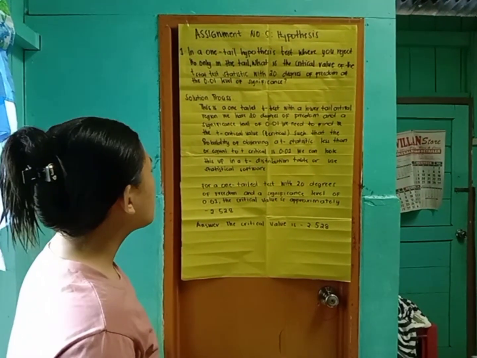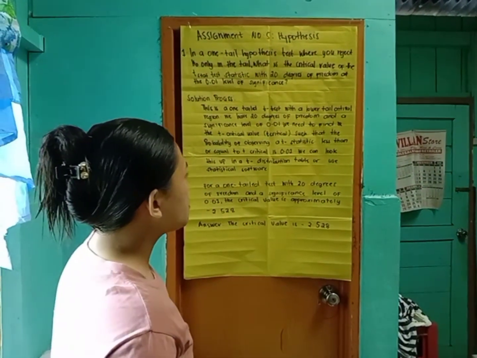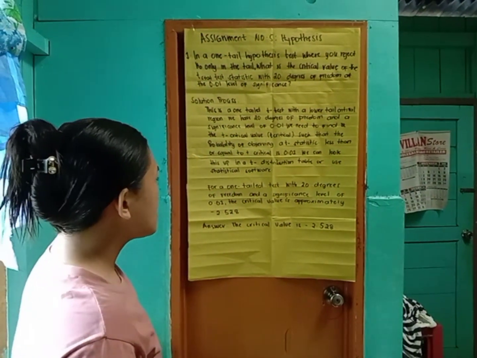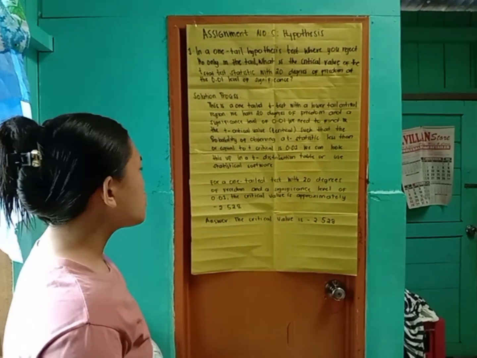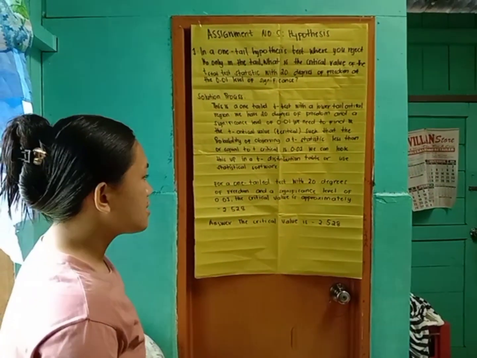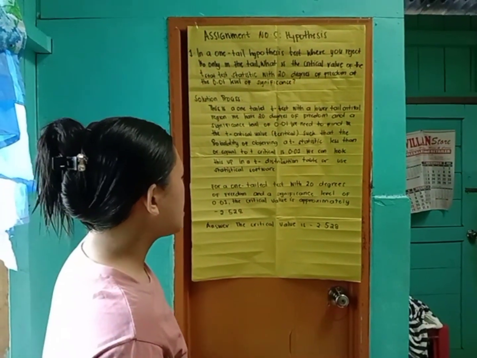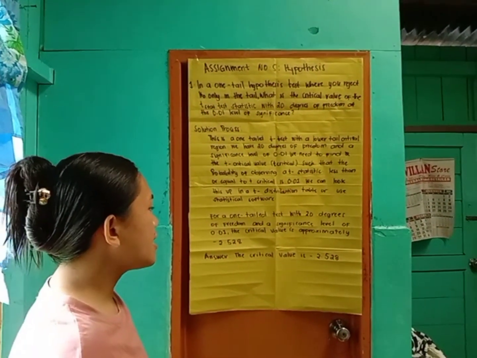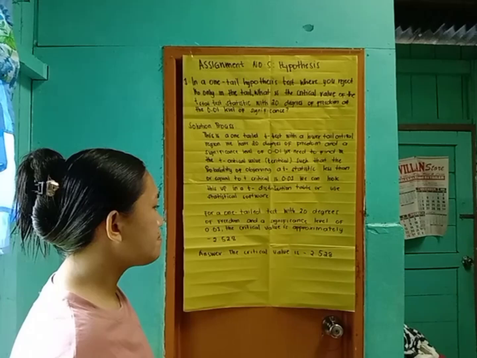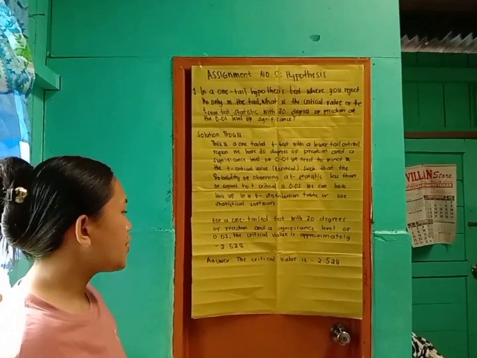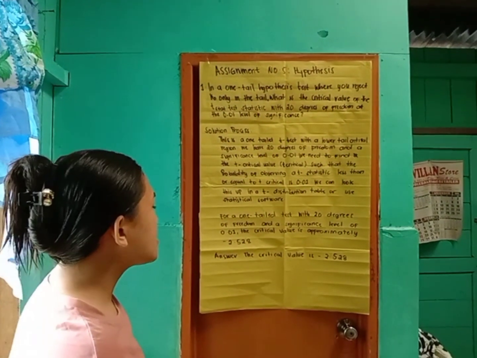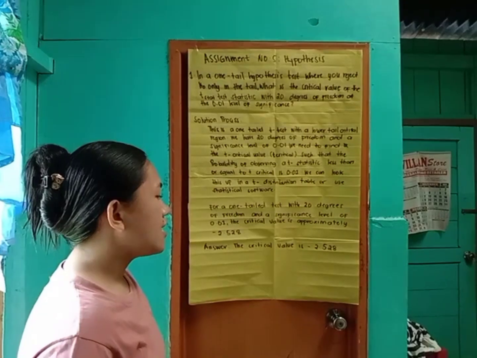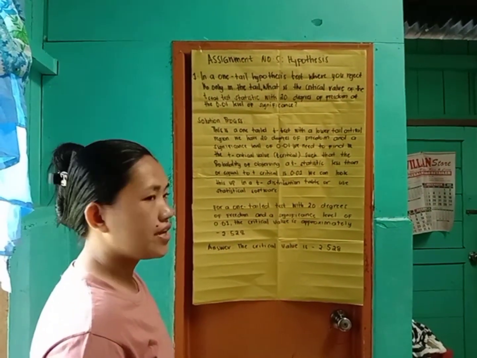We can look this up in a t distribution table or use statistical software. For a one-tailed test with 20 degrees of freedom and a significance level of 0.01, the critical value is approximately negative 2.528. So the answer: the critical value is negative 2.528.